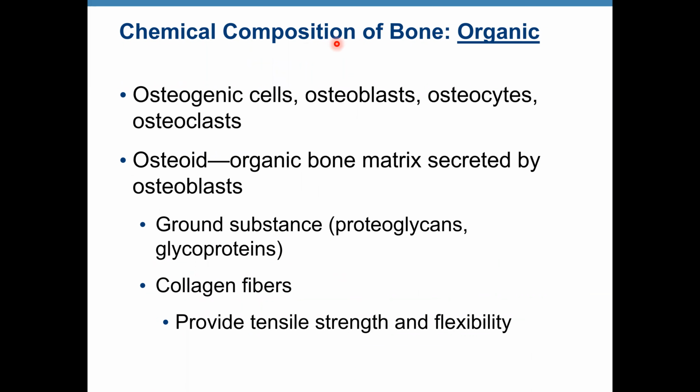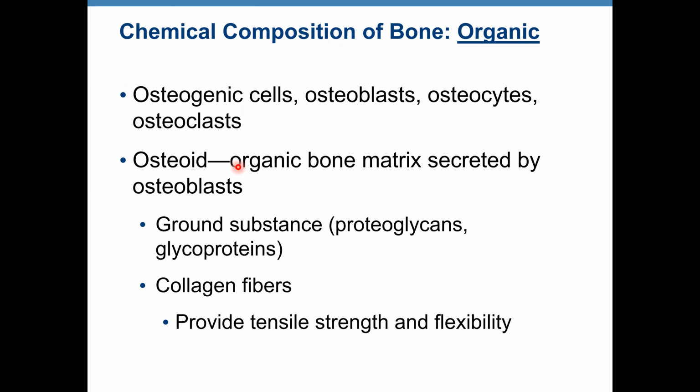Now, chemical composition of bone. So bones have organic and inorganic parts, right? Organic parts include, obviously, all the cells that we just discussed. Stem cells, osteogenic cells, osteoblasts, osteocytes, osteoclasts, right? Those are all organic stuff. Another part of organic stuff is called osteoid.